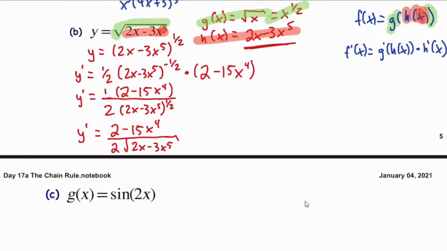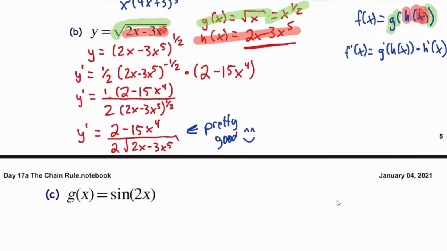And this is okay. This is pretty good. But we can simplify further by considering the fact that we want to rationalize our denominator.